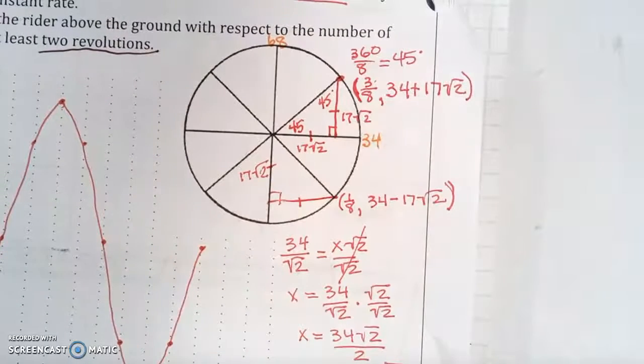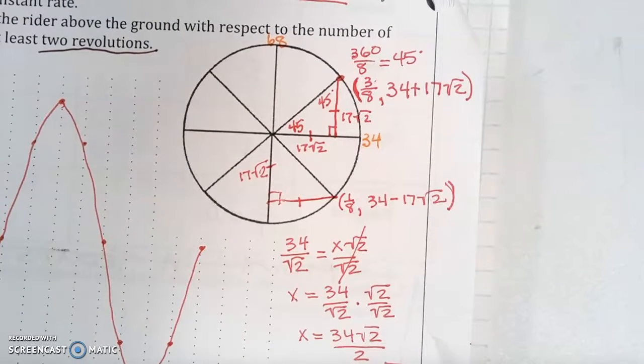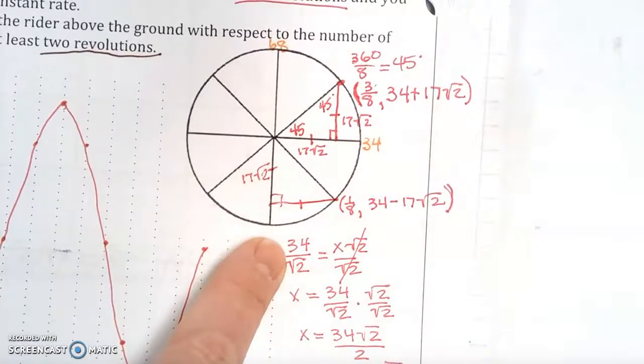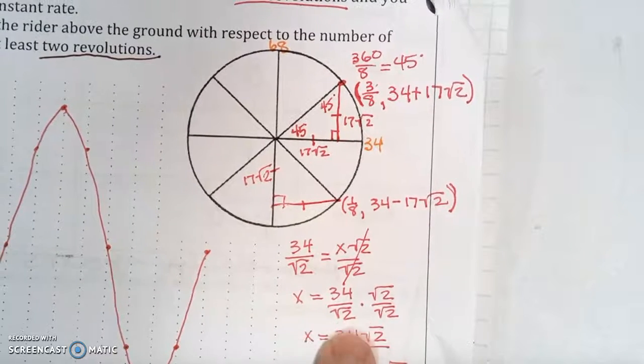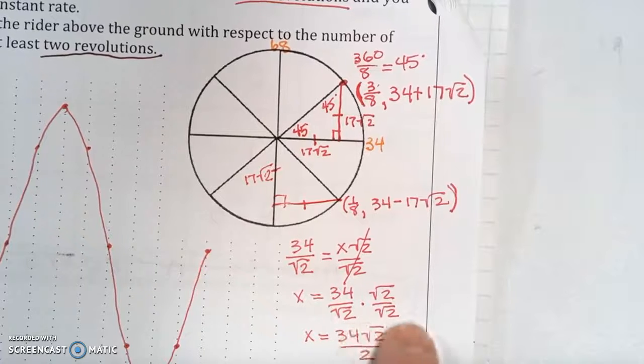If you were going on a 45-45-90 triangle from the leg to the hypotenuse, you would multiply by rad 2. But if you're going from the hypotenuse to a leg, you're going to divide by the rad of 2. So that means you need to rationalize that denominator.